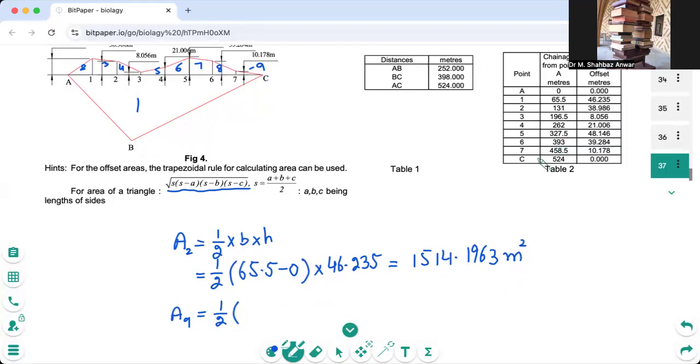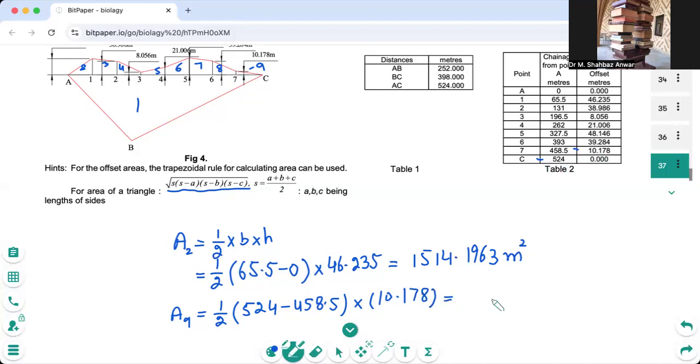So for C, the coordinate is 524.5 minus 458.5, and then times the height at point 7, which is 10.178.